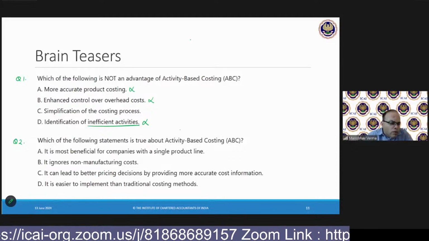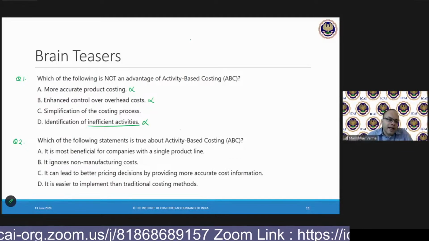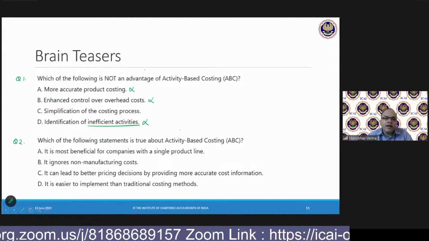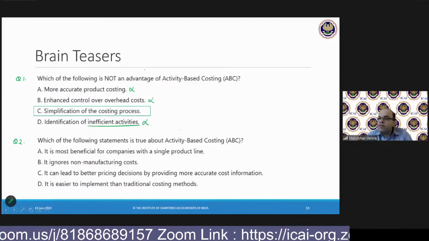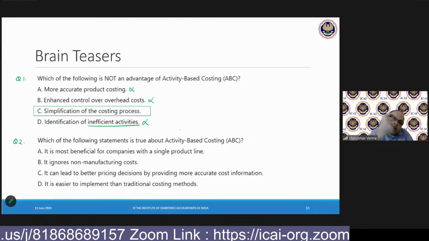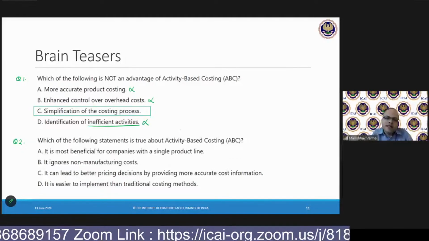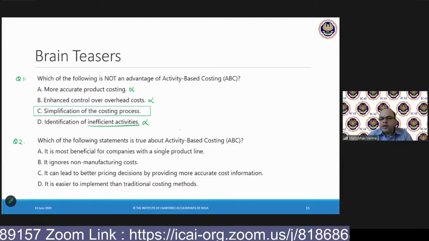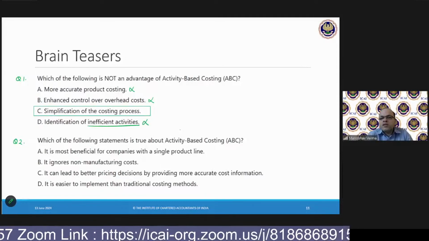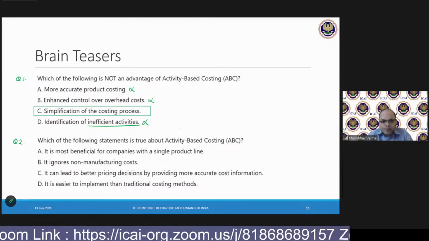A lot of work is there, right? So from an initial standpoint, definitely it is not a simplified process, but once we do that hard work, once we do that implementation, later on it will yield its result. Initially, of course, it is not simple. So the answer is option number C for question number 1 here.